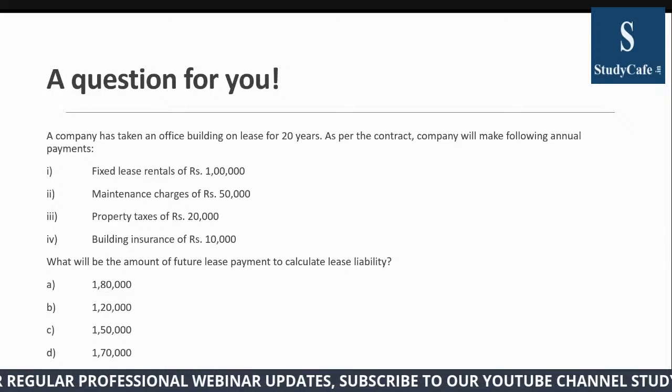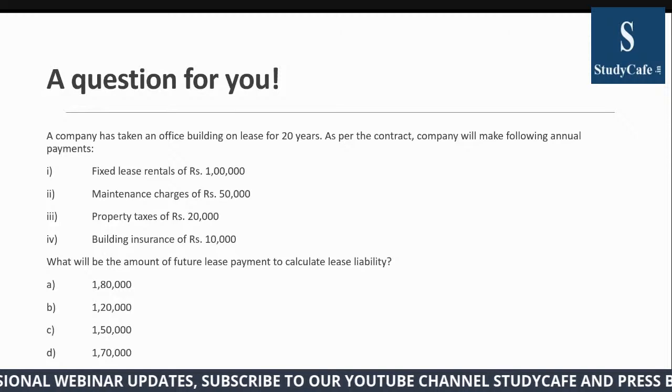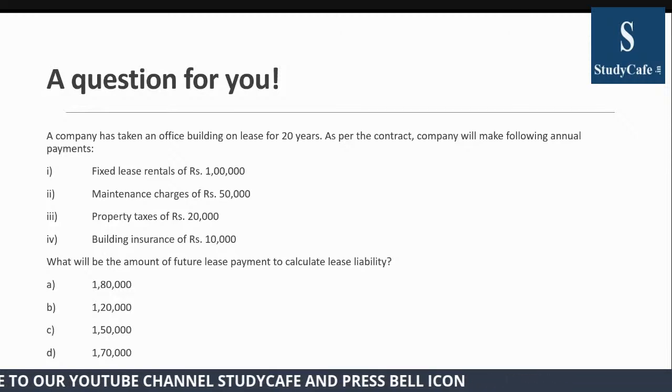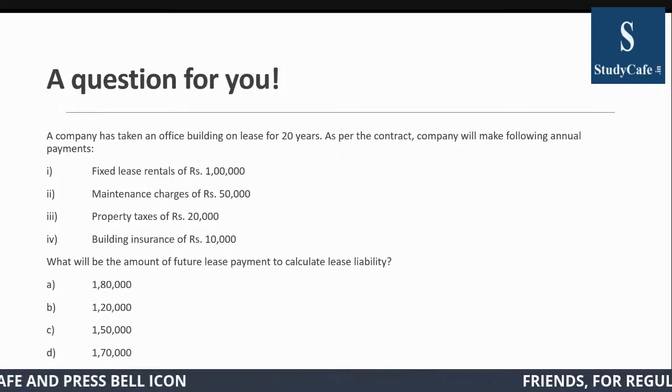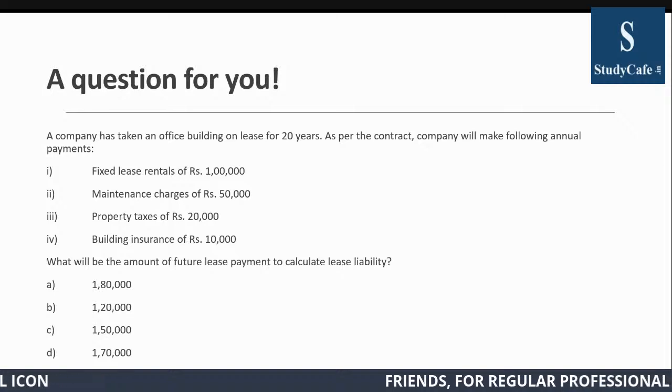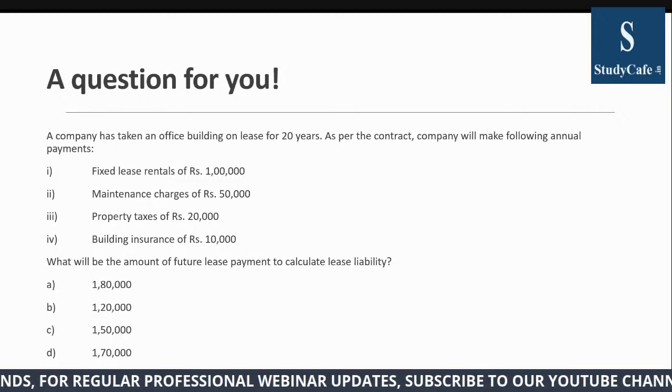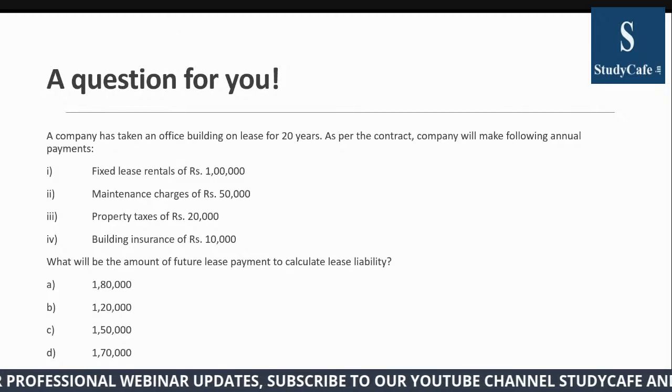Whether the maintenance charges, the CAM charges, are lease or non-lease components: first of all, the maintenance charges are non-lease components. So definitely there is a different leg in this entire contract, which is a non-lease component. Now the question arises for property taxes and building insurance.